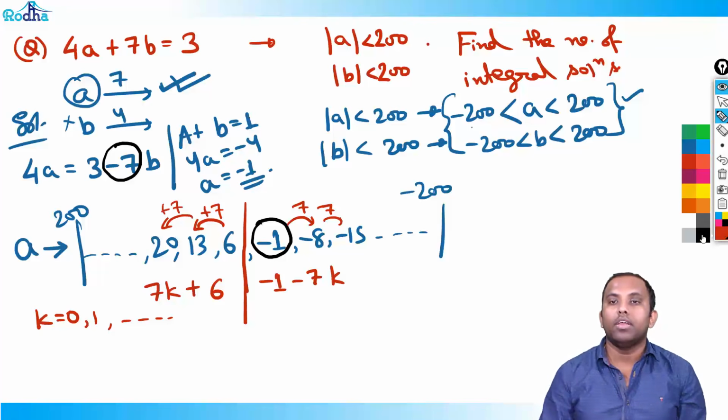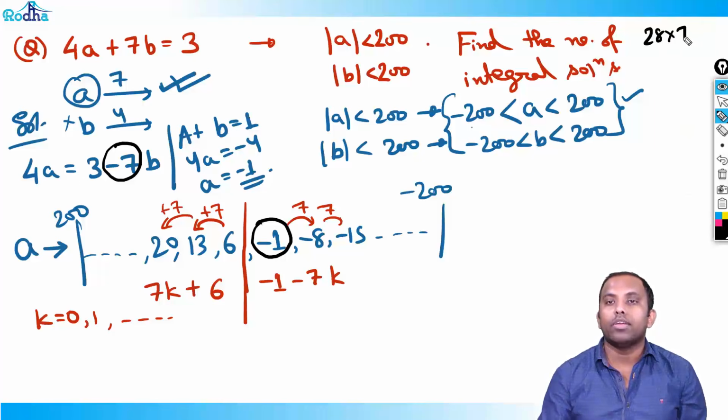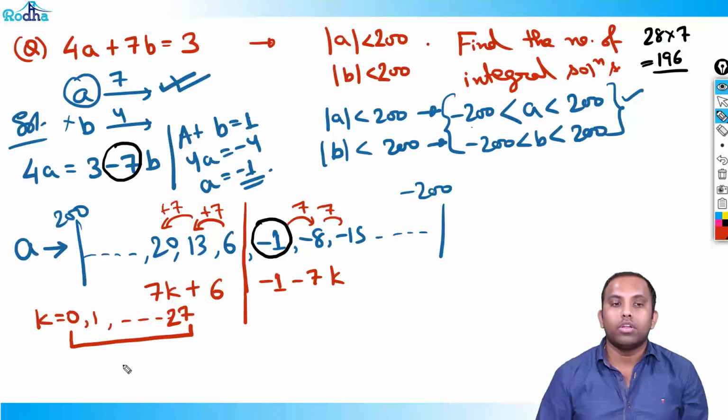If k is 28, then 196 plus 6 is 202. It should not exceed 200, so at k equal to 28 it will exceed 200. So the last value of k is 27. So 0 to 27, that's 28 values for the positive part.